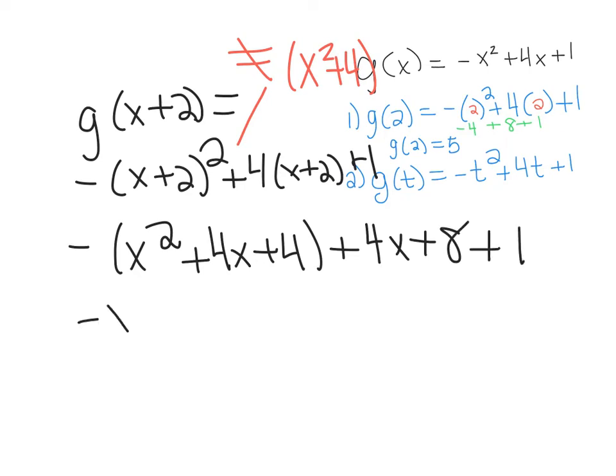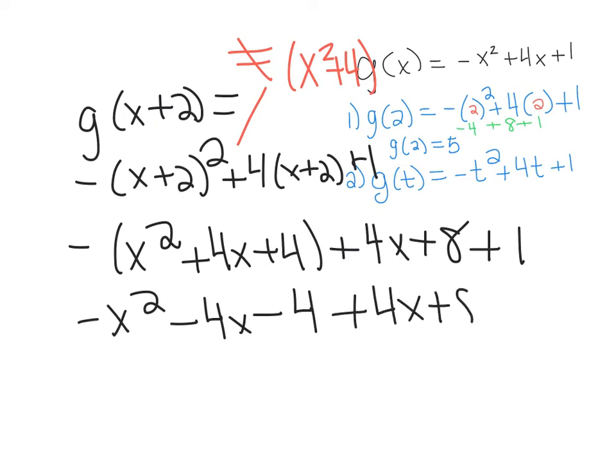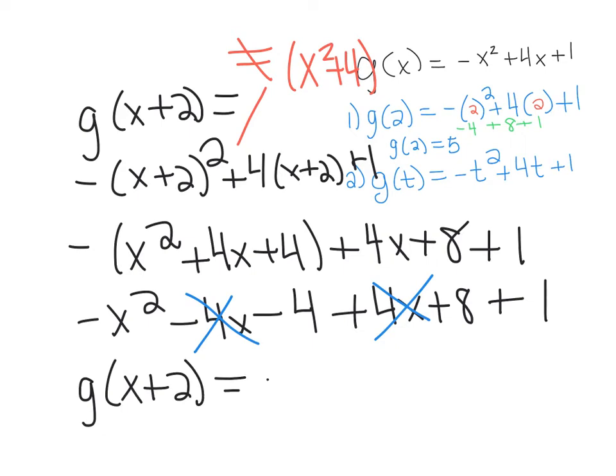So negative x squared minus 4x minus 4 plus my 4x plus my 8 plus my 1. This negative 4x and this positive 4x are going to cancel out. So g of x plus 2 is going to equal a negative x squared. I don't have any x terms left. And then negative 4 plus 8 plus 1 we know is plus 5. There's my answer.